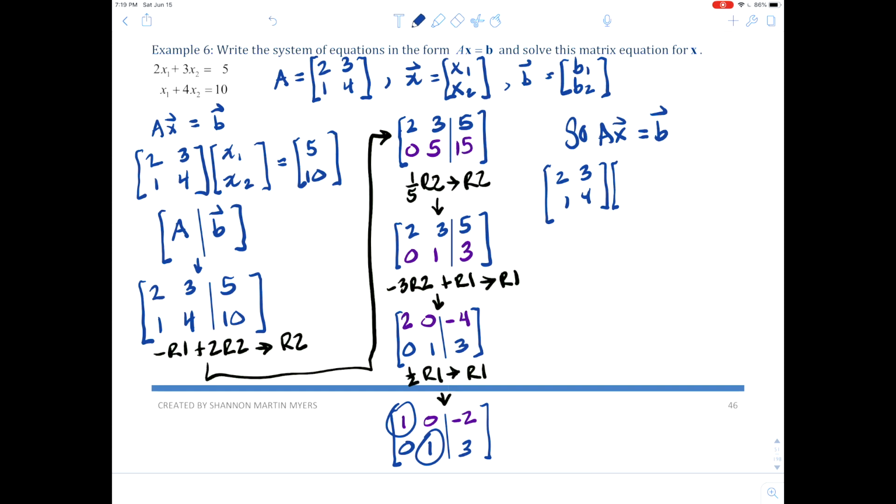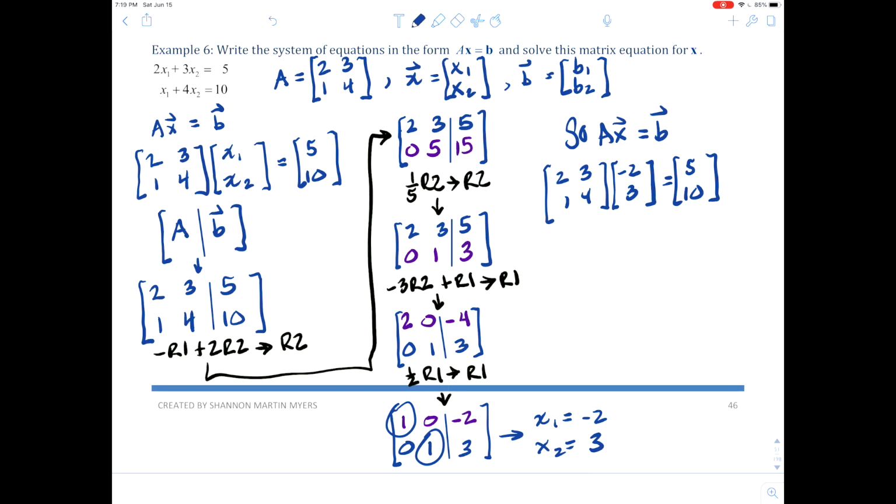Well, what did we find here? We found that X1 was negative 2, and X2 was 3, did we not? So we'd have negative 2, 3 in that column matrix. And that should equal, if we did everything right, 5, 10, that column matrix. Cool, cool?